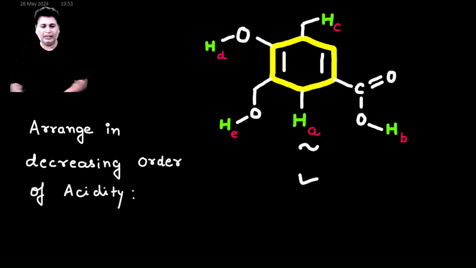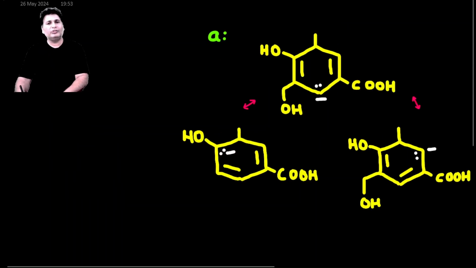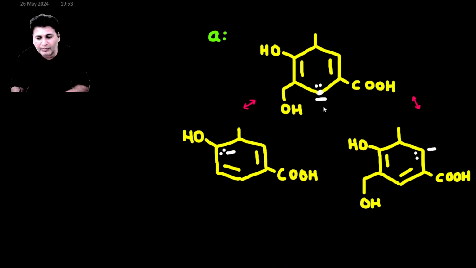As you can see on your screen, I have taken away the hydrogen A, and this particular carbon from where it was attached will get a negative charge. I have already spoken a lot about this: the creation of charge has to be dealt with properly, because it makes things unstable.